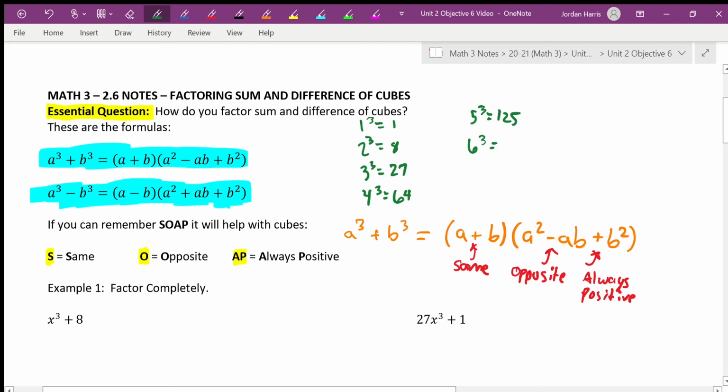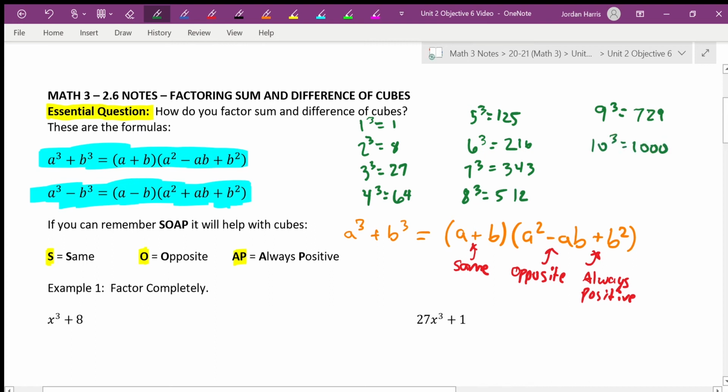So 6 cubed is 216. 7 cubed is 343. 8 cubed is 512. 9 cubed is 729. And 10 cubed is 1000.